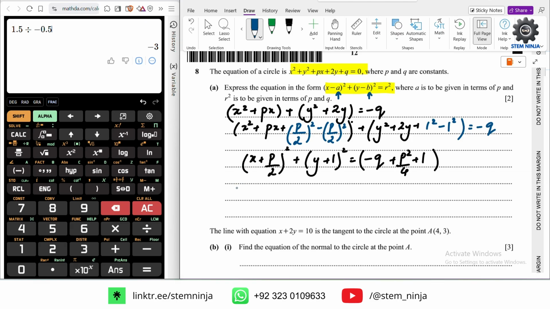So we can convert it into x minus minus p over 2 whole squared plus y minus minus 1 whole squared equals 1 minus q plus p squared over 4. Sorry, p squared over 4. And that's it. All right.